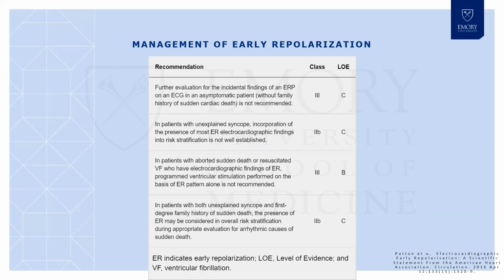The guidelines give us a lot of leeway in terms of what to do. I think it's important to focus on the class 3 recommendations, basically what not to do. The guidelines do say that if you see early repolarization pattern on an EKG in an asymptomatic patient, there's a class 3 recommendation for further evaluation.